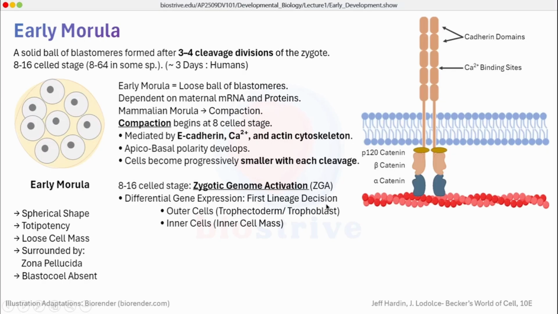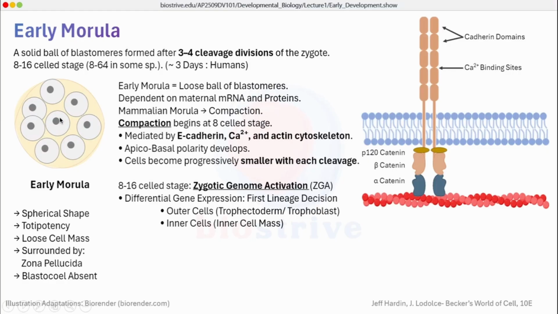The first lineage decision is which cells will act as the outer cells, or which cells will make the trophectoderm. In humans it is known as trophoblast, and which cells will act as the inner cell mass. Now it has to be noted that both of these, inner cell mass as well as outer cells, will lose the totipotency. Whereas in case of the 8 cell stage of Morula, each and every cell is totipotent.